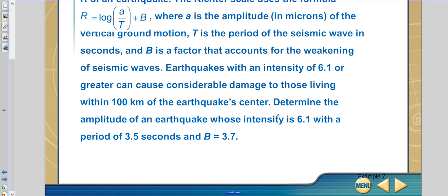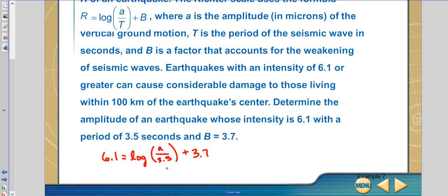So the intensity is the R. This time we're going to say 6.1 equals log. We don't know the amplitude, but we do know the period is 3.5 seconds. So 3.5 is the time. And the B is 3.7. And we have to solve this.